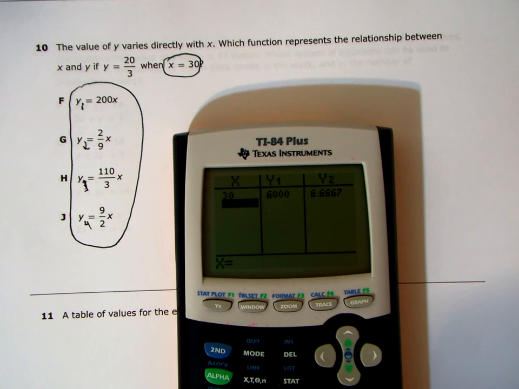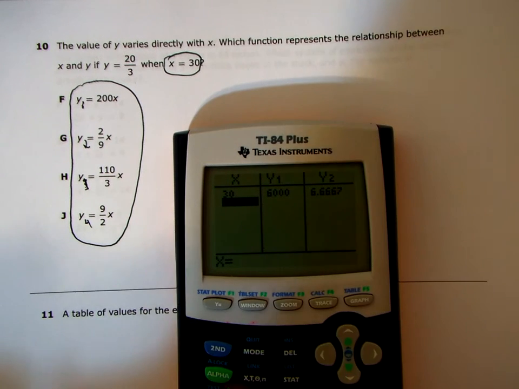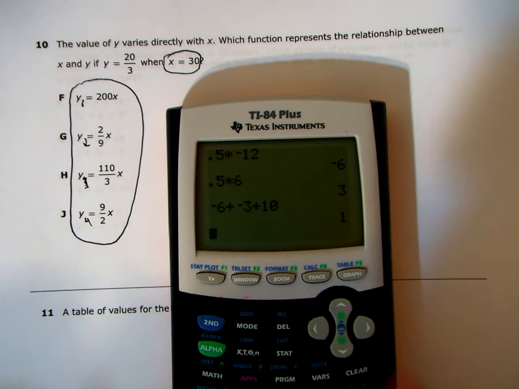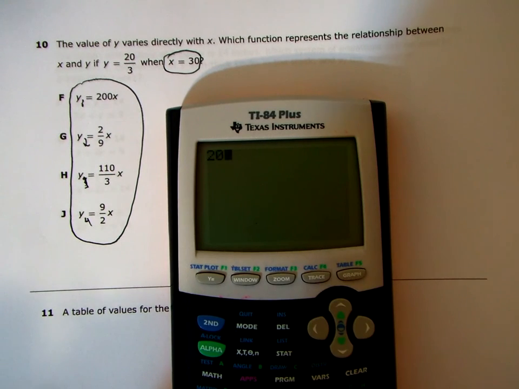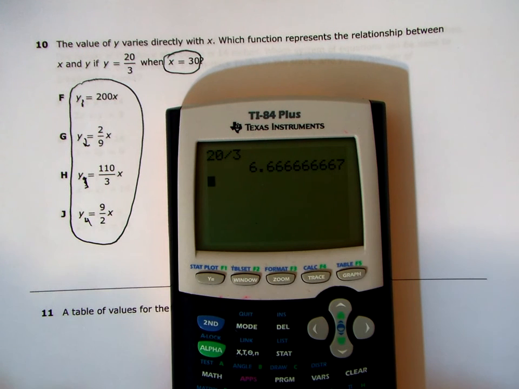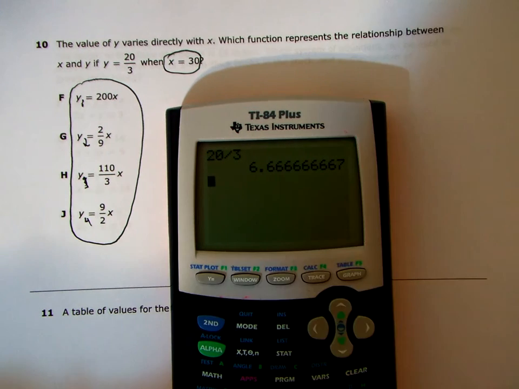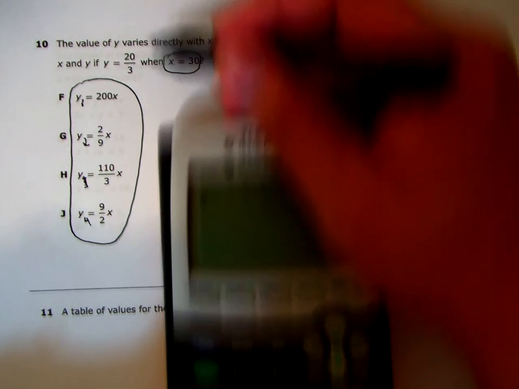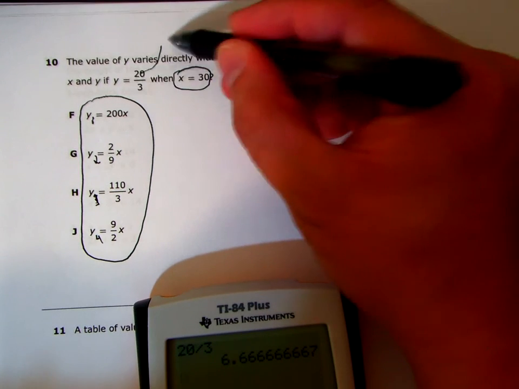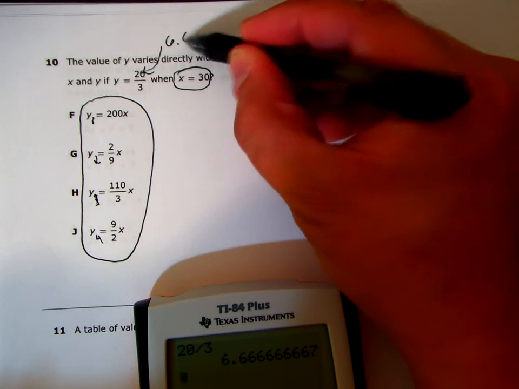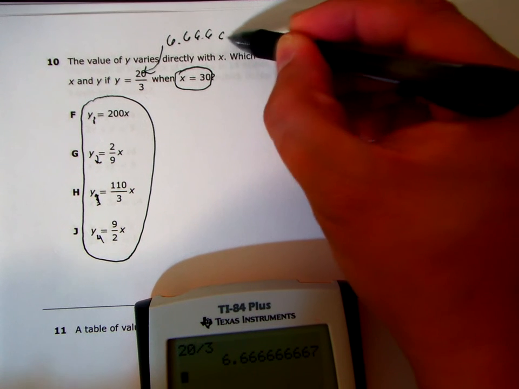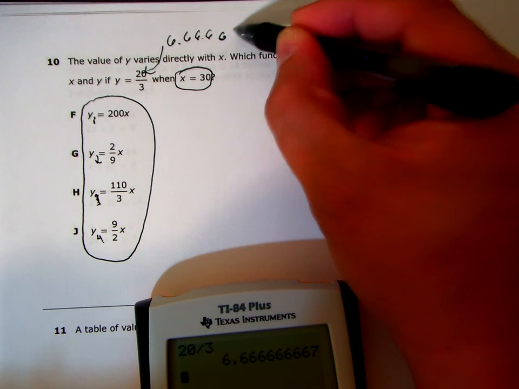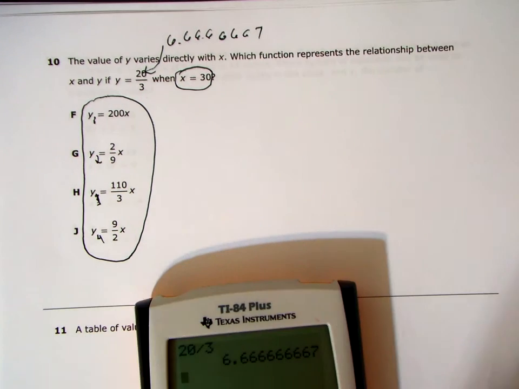A lot of us probably don't even know what 20 divided by 3 is, so I'm going to go back to the regular screen, clear it, and find out what 20 divided by 3 is, y'all. 20 divided by 3 is 6.666666, and then it continues. So I'm going to write this next to the y, that equals 6.6666 forever, 6.667, whatever. So that's what we're going to look for, y'all.